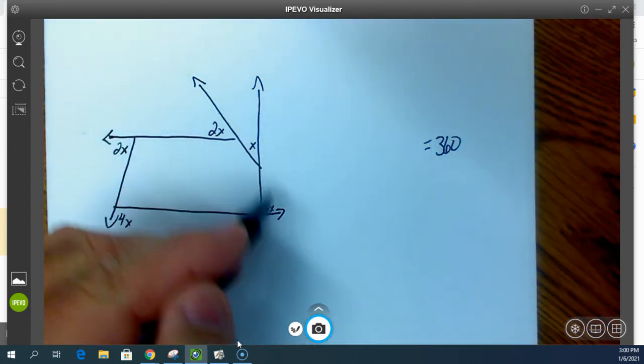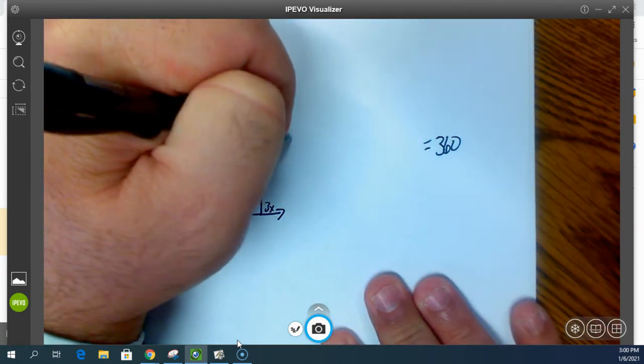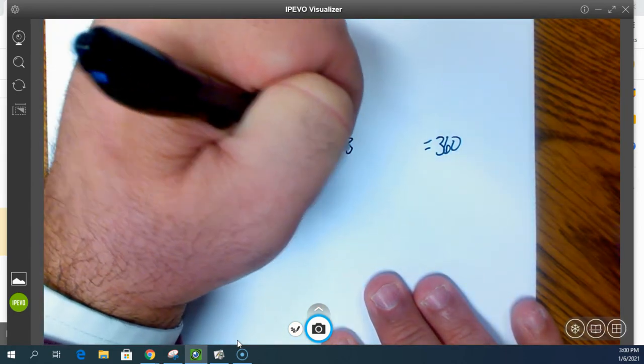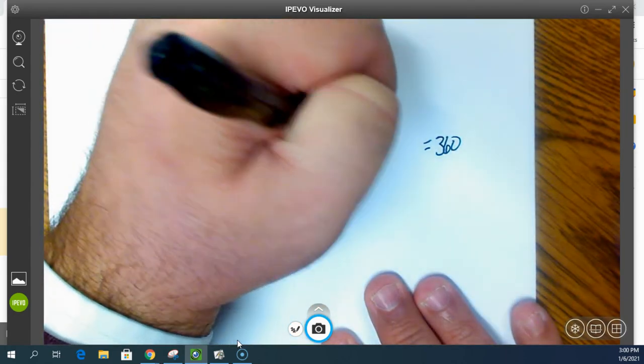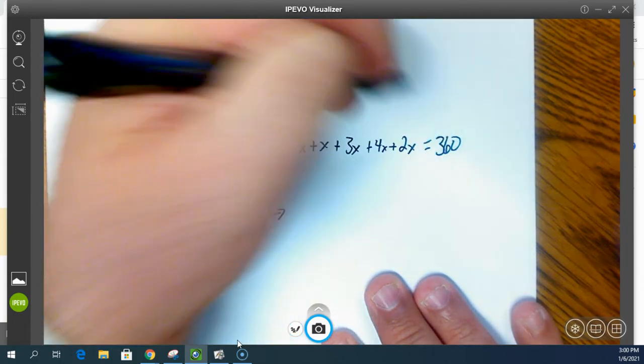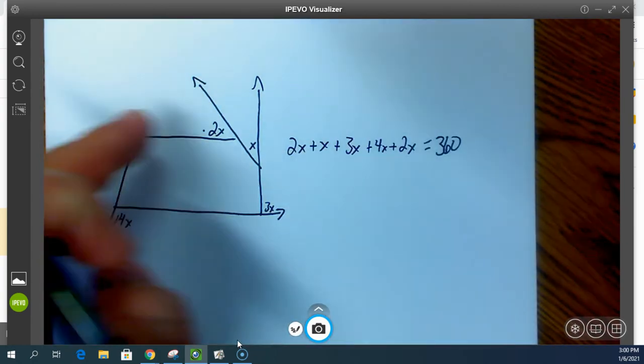Now I'm going to add all of these up. I'm going to start with this one first. 2x plus x plus 3x plus 4x plus 2x equal 360 because they are all outside.